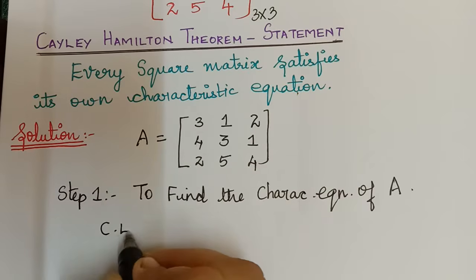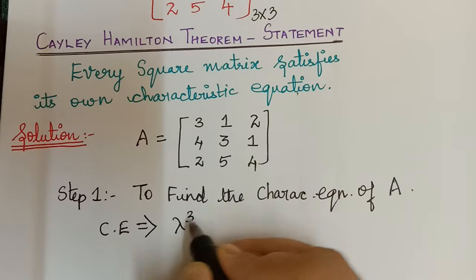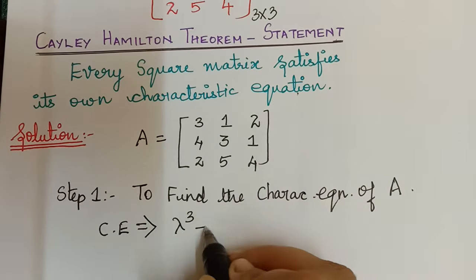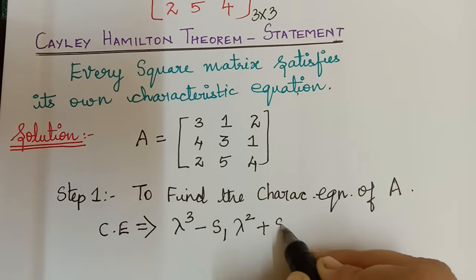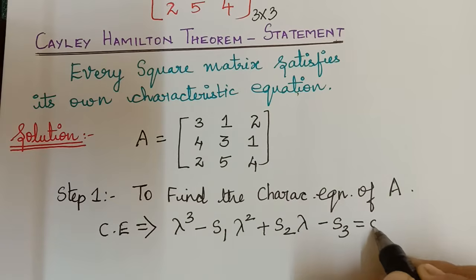We know that the characteristic equation is given by lambda cube, because this is a 3 by 3 matrix. We have to start with lambda cube minus S1 lambda square plus S2 lambda minus S3 is equal to 0.